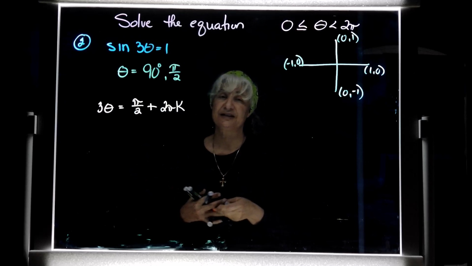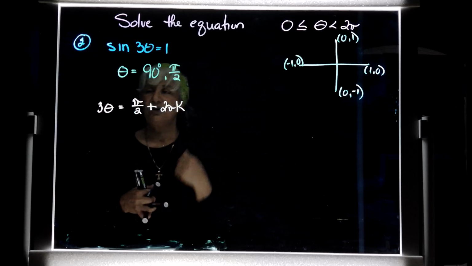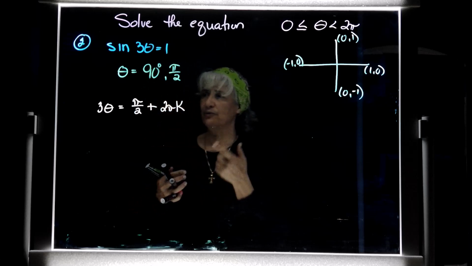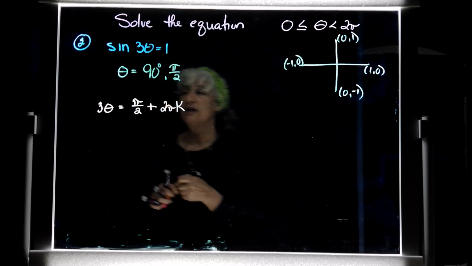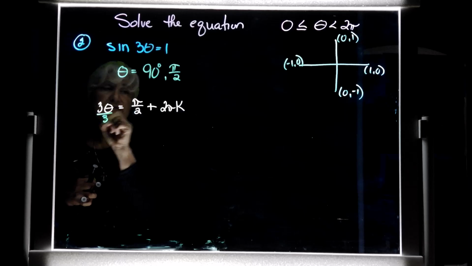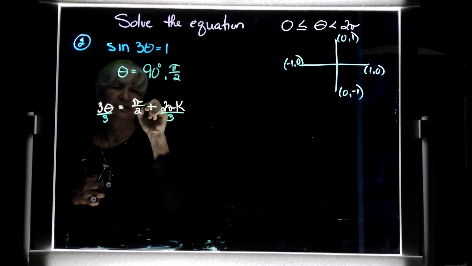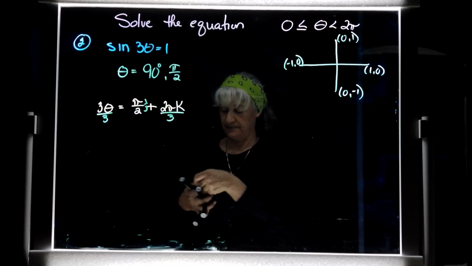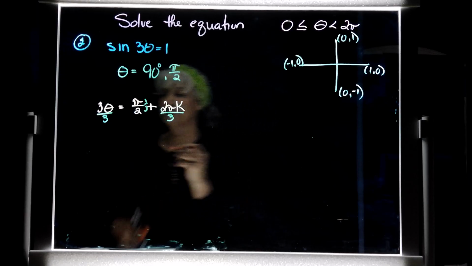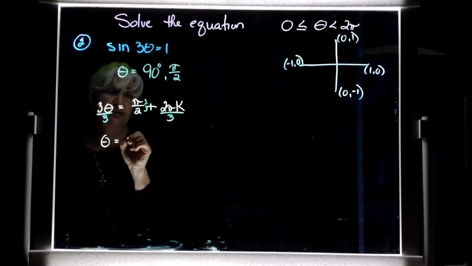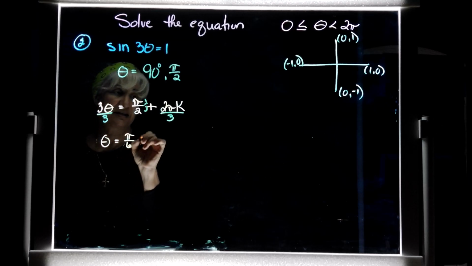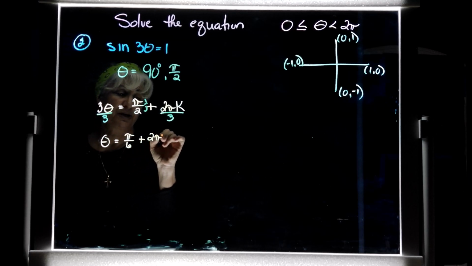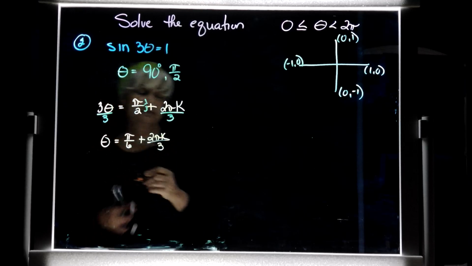Basically, that's what you're trying to find out. Cool? Okay, need to get rid of that 3. What are you going to do? Divide by 3. Got it. Divide by 3. This is basically multiplied by a third, isn't it, when you divide by 3. So, theta equals pi over 6 plus 2 pi k over 3.